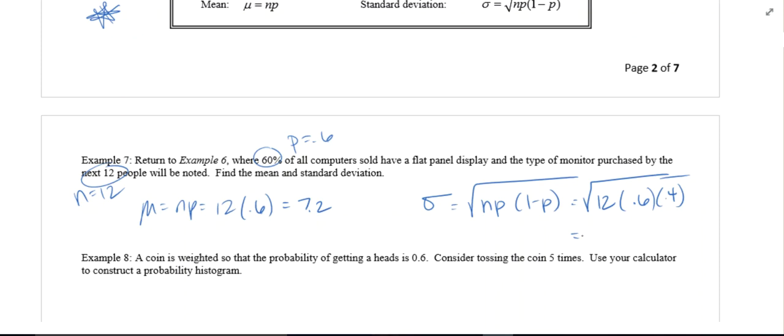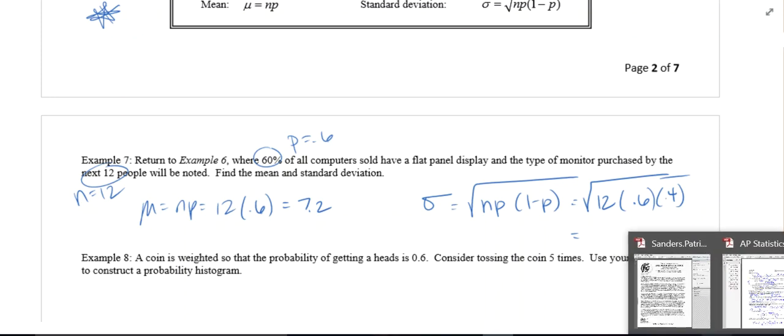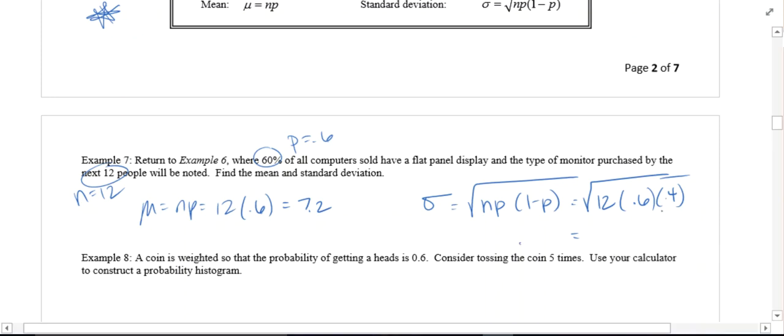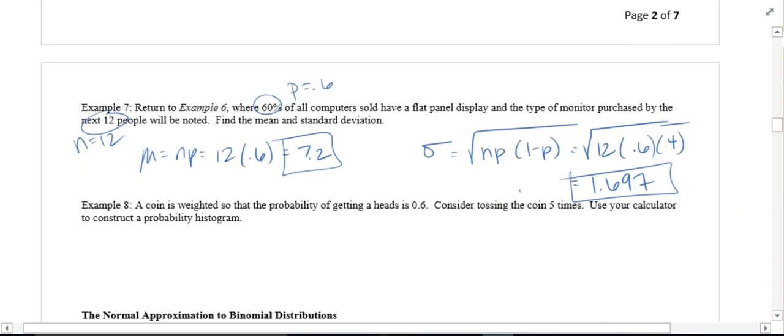A lot of people try to take shortcuts and use their answer from the mean. I would definitely recommend not doing that. Just write out the formula and go ahead and calculate that. When you calculate that, you should get 1.697. Okay, so there's your mean and standard deviation. That's it. You just really got to know those formulas.